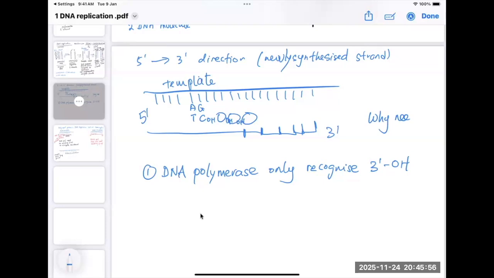So why it is like that is because of the behavior of the DNA pol. The DNA pol active site, because this is an enzyme, so the active site must look for a 3' OH.